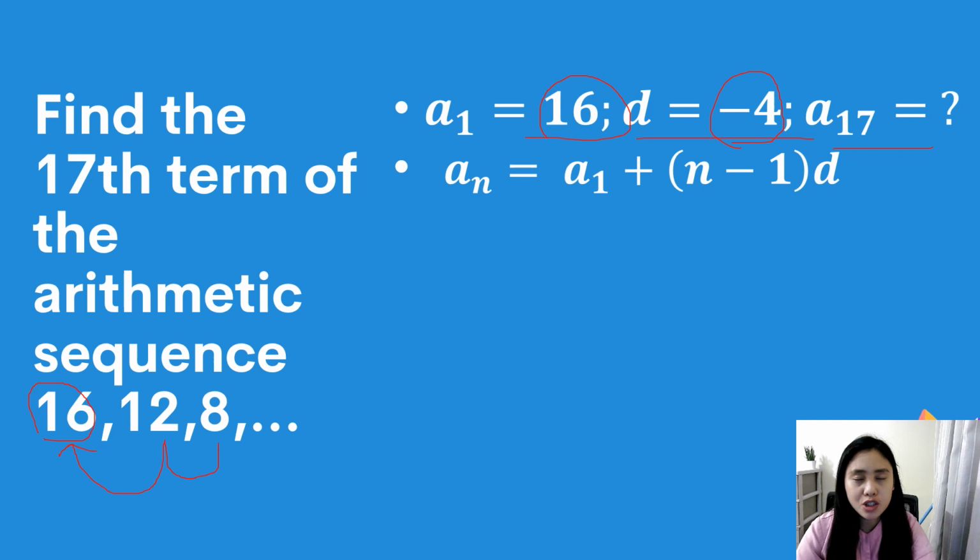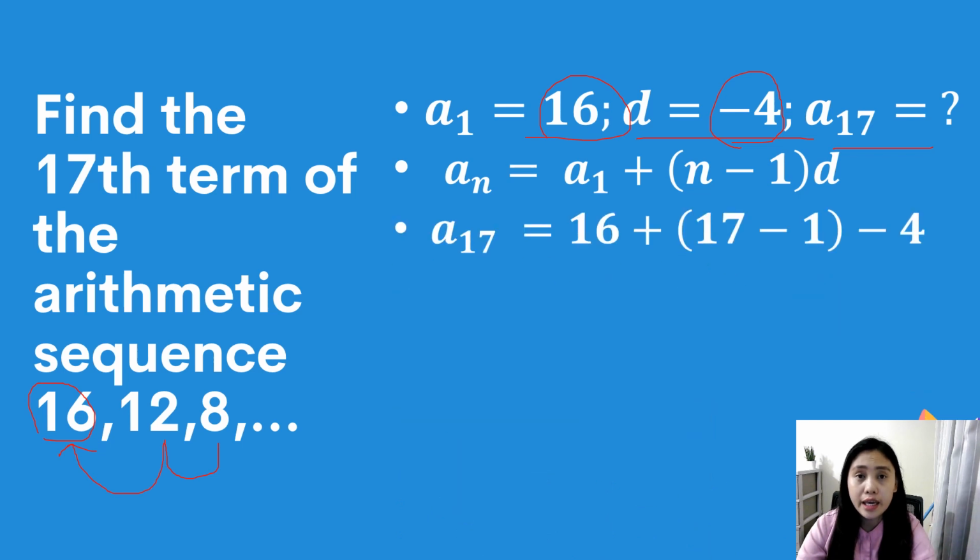Kapag nag-substitute na, ito dapat ang magiging itsura ng inyong sunod na solusyon. A sub 17 equals 16 plus 17 minus 1 times negative 4. Next, evaluate. Simulan sa parenthesis, 17 minus 1.